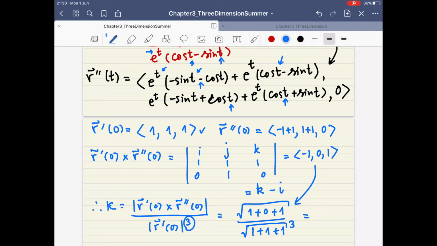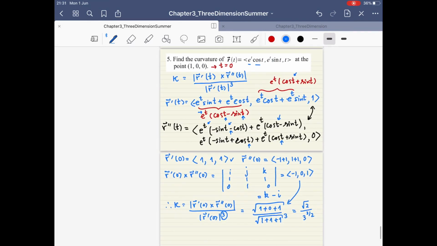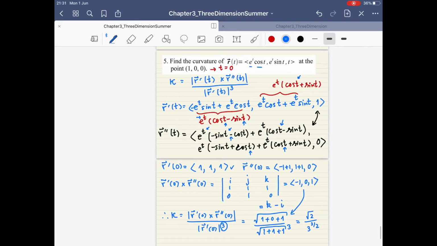Okay, don't forget this cube. So you have a square root of 2 over 3 raised to the power 3 over 2. That will be the curvature of this vector function, or of this curve at the point 1 0 0, or when your t is 0.